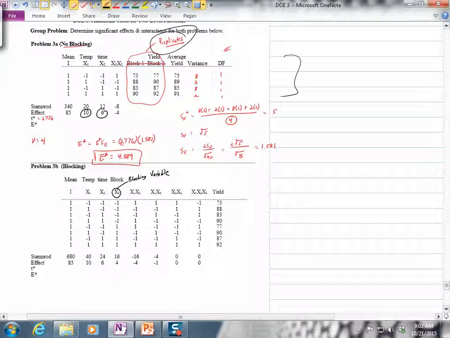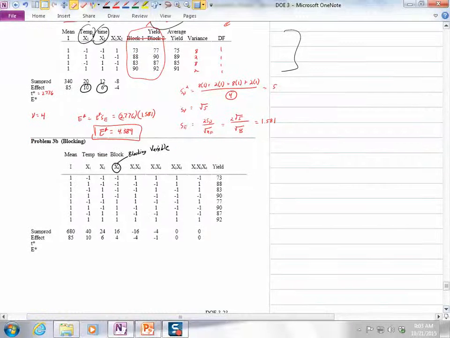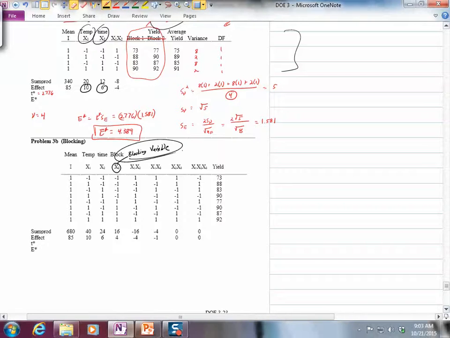Right? So we went through and we got E star and SE and figured out the main effects of X1 and X2 were important, but the interaction effects were not significant. So now let's take the same data set and introduce the blocking variable, which is really how we set the experiment up anyway.